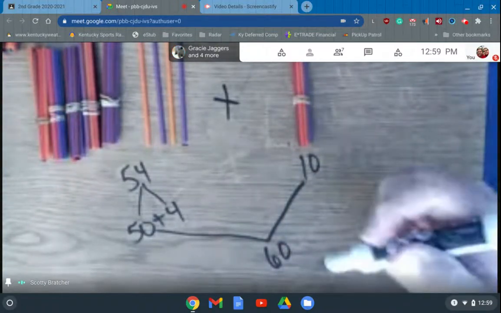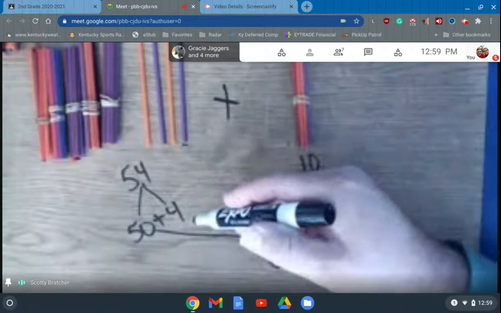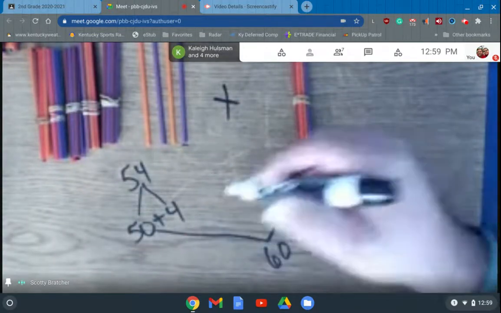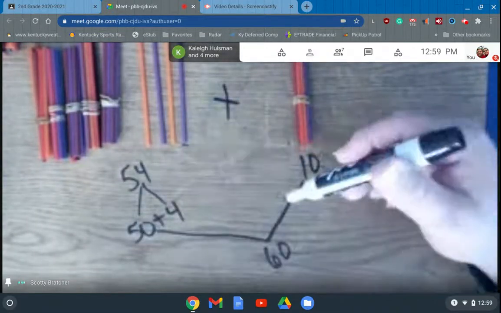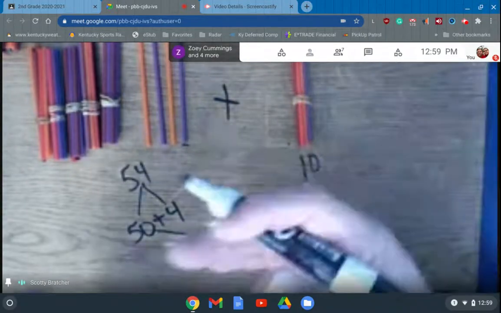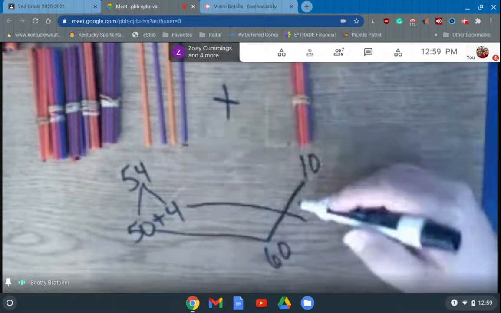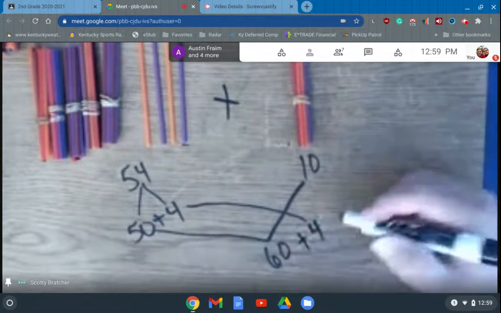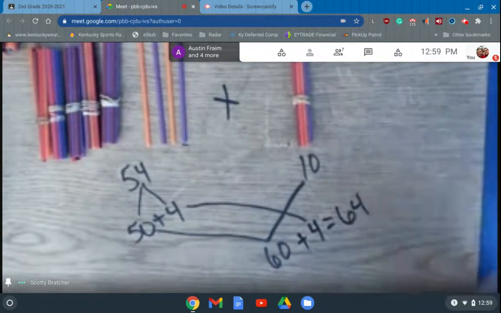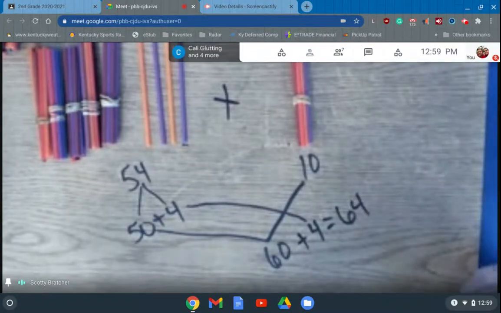And the 4 just comes along for the ride. It's almost like she said, it'll take 50 and 10, and it makes 64. That 4 just comes right along with it, right? Okay? So we're going to draw it over here, and we're going to put a plus, and that's 64. Wow. That works really nice, doesn't it?